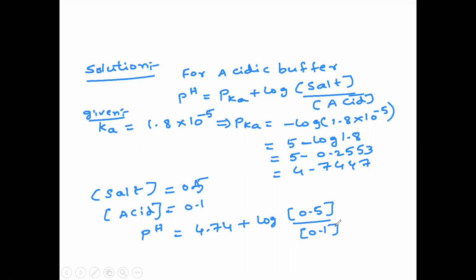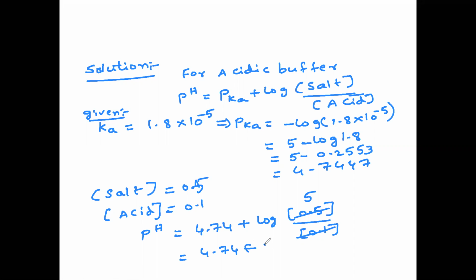So it is equal to how much? How many times will it go? It will go 5 times. 0.5 divided by 0.1 is equal to 5. So log 5 value is 0.7 approximately.